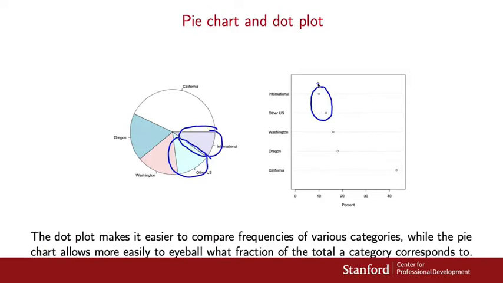On the other hand, the pie chart makes it easier to see what percentage of the total a category represents. For example, if we look at Oregon, then we see that this is roughly a little bit less than a quarter of the total pie. And this would be hard to see in the dot plot because we first would have to look down on the horizontal axis to see what's going on.